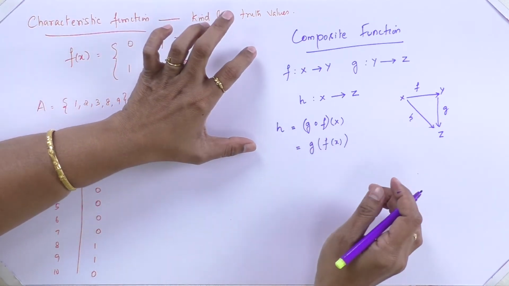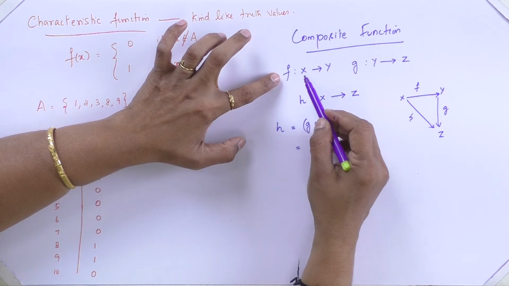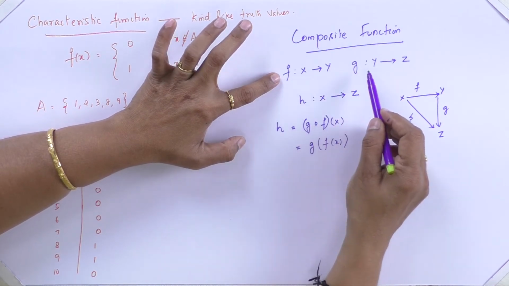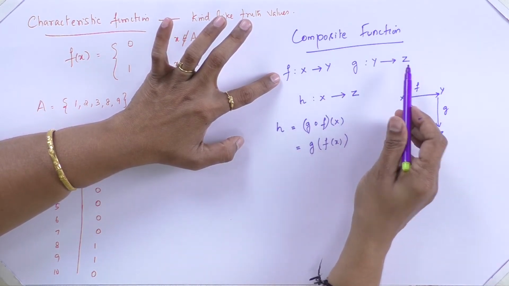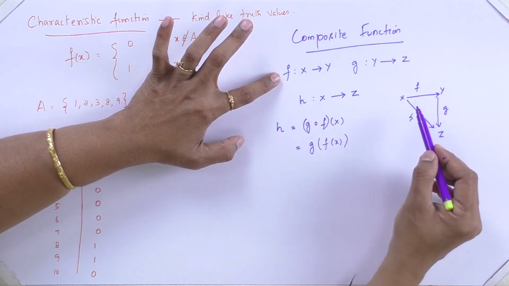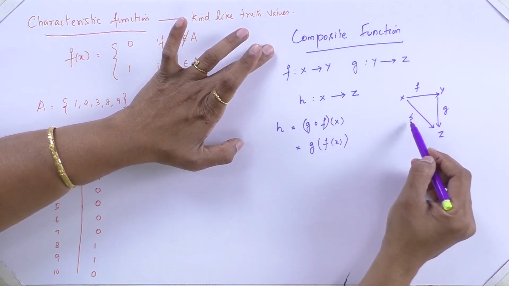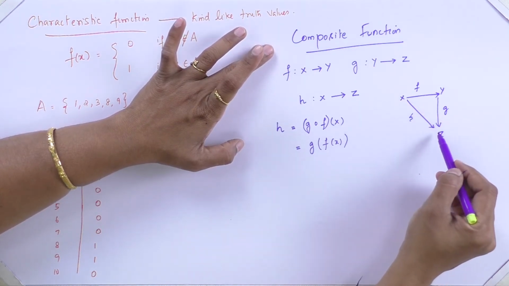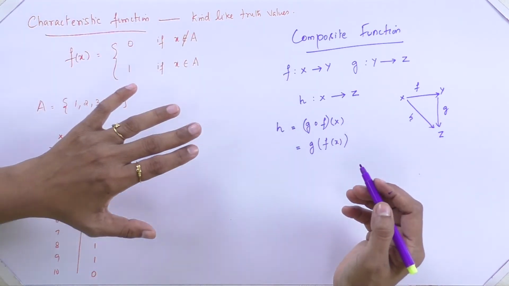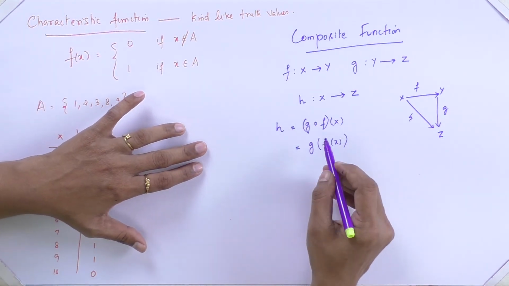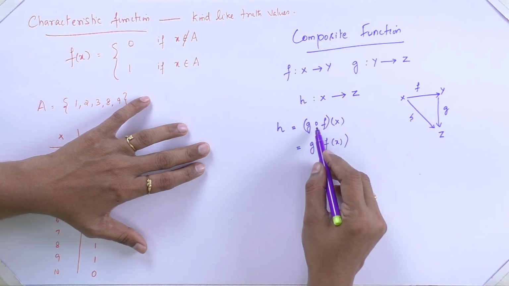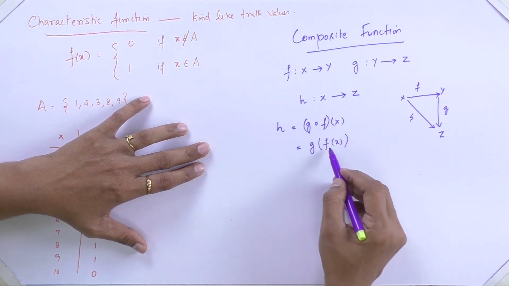So composite function: f is a function from x to y, g is a function from y to z. Then the composite function h will be from x to z. So how it is from x to z, that we will have to see here. So now g composition f of x is equal to g of f of x.